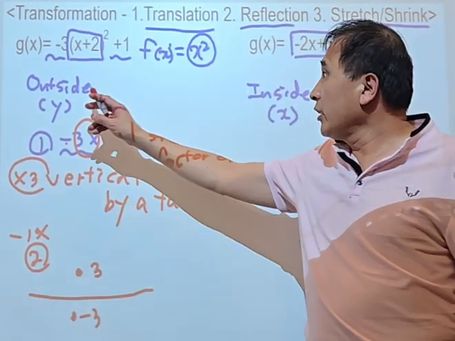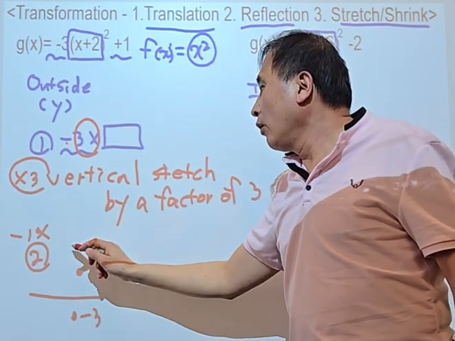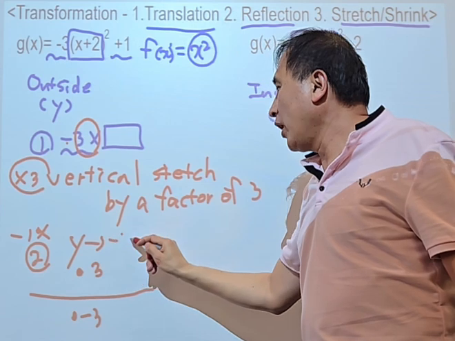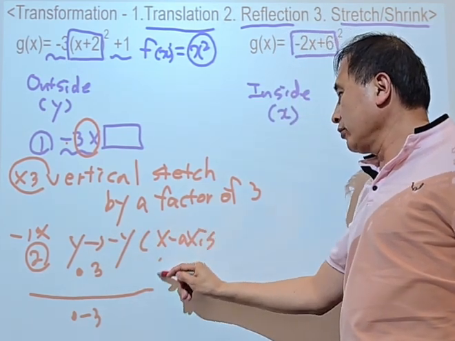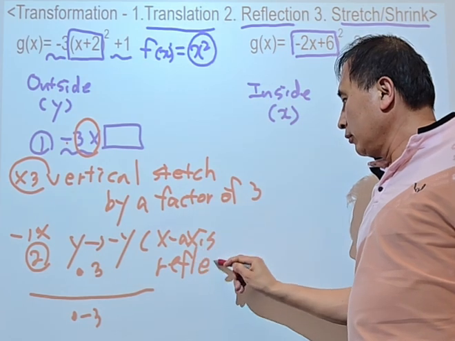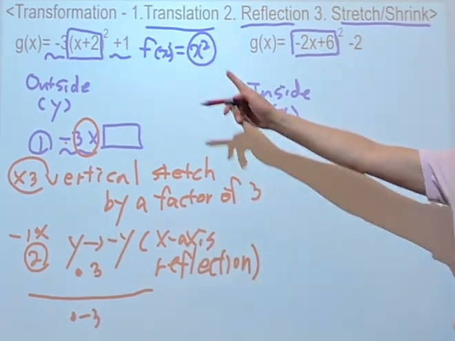If you see a negative outside of the parenthesis, then y becomes negative y, which is an x-axis reflection. Everybody got it?